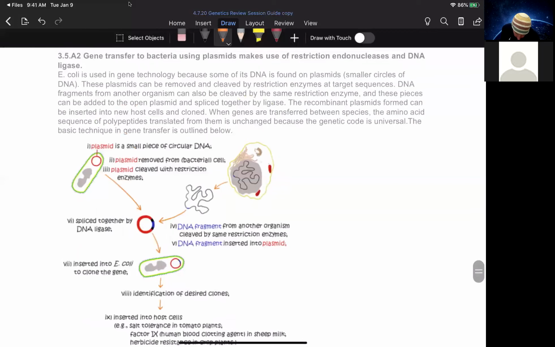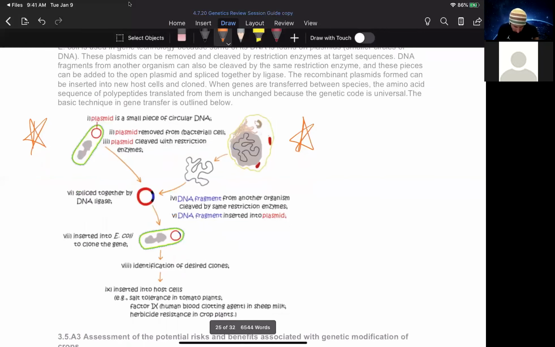Oh yeah, I remember plasmids. This kind is similar to the biotechnology thing. These are kind of similar to the ones you showed me earlier, like the gene transfers. Yeah, very similar.